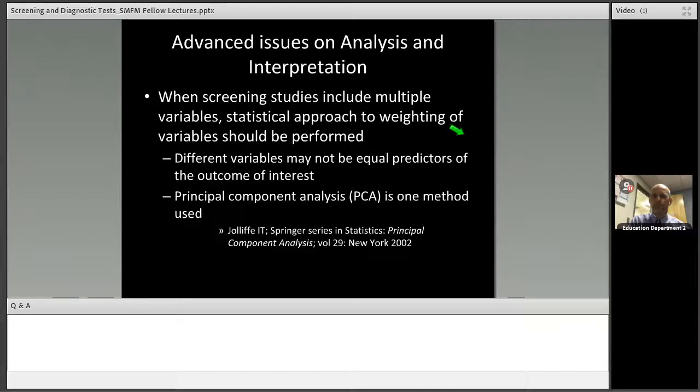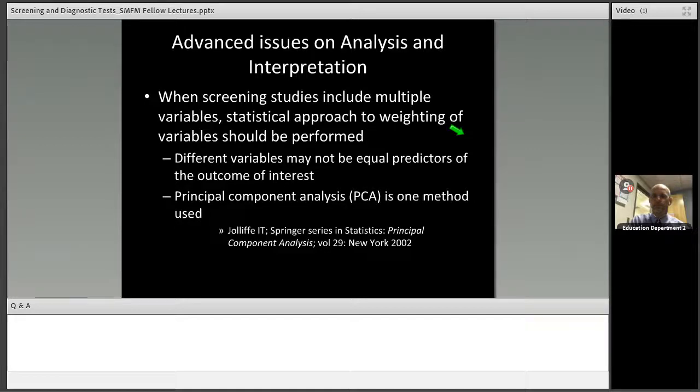We know that there are many individual factors like race, smoking, constitutional factors. But the question becomes, if you're trying to form a clinical prediction value where you're looking at how many of these multiple factors influence the outcome that you're looking at, you want to see that each factor has an equal weight rather than one of them really driving the outcome that you're looking at.